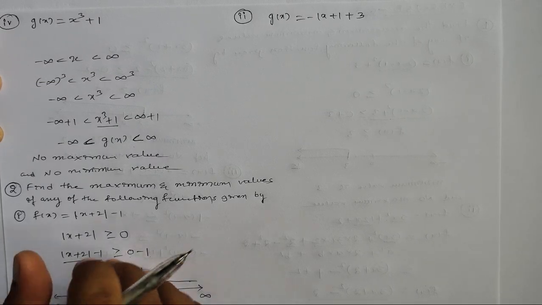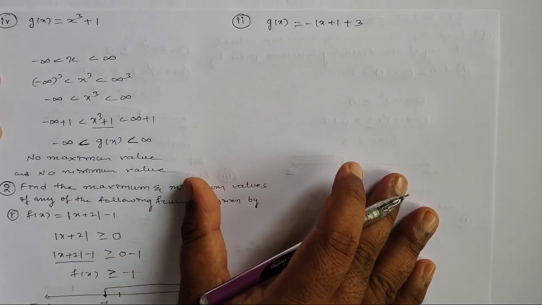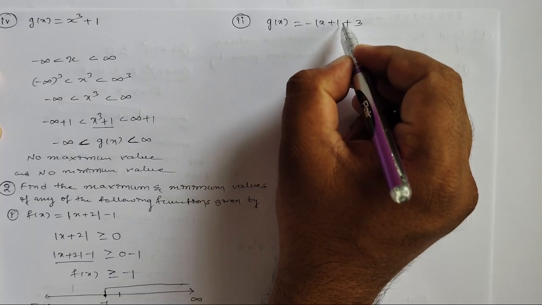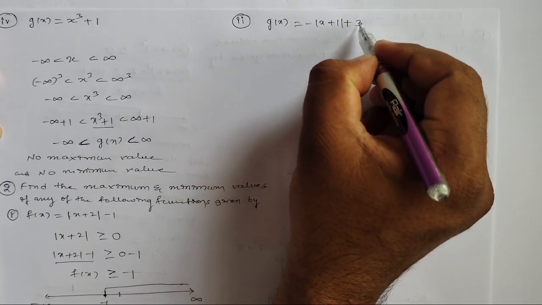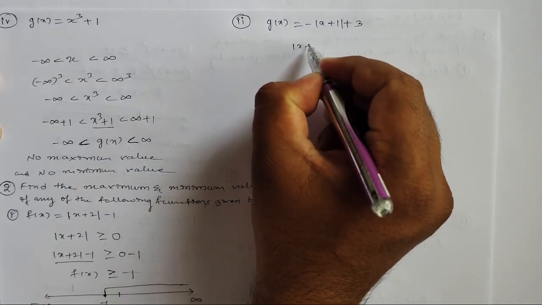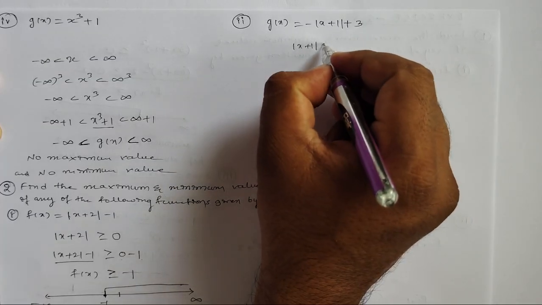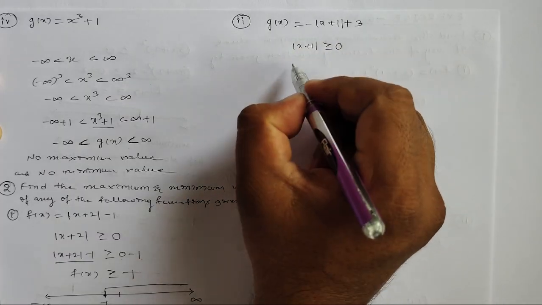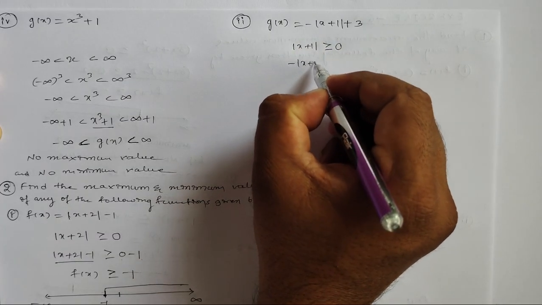Next, the second one. g of x is equal to minus modulus of x plus 1, plus 3. We'll take modulus of x plus 1. The modulus function is always greater than or equal to 0. I'll multiply by minus on both sides, minus modulus of x plus 1.